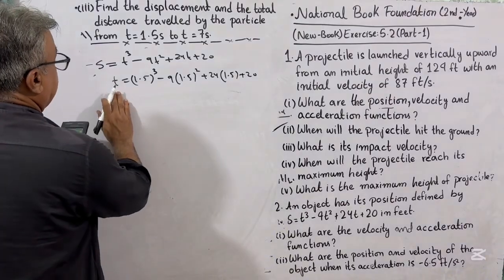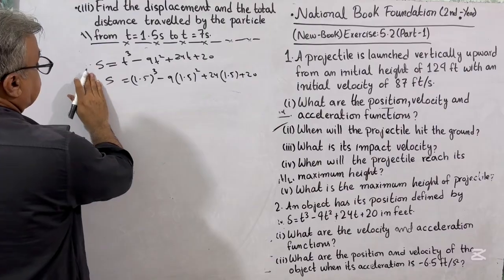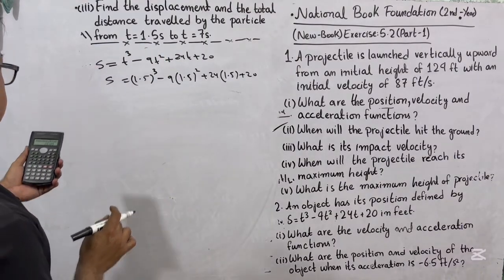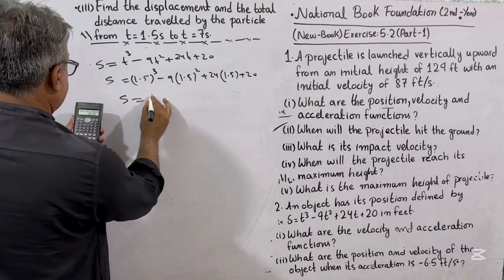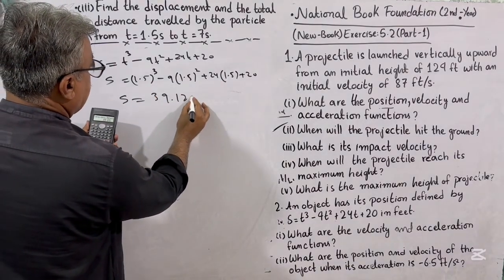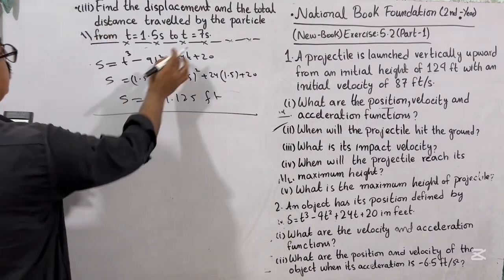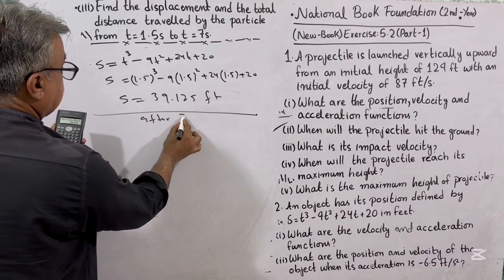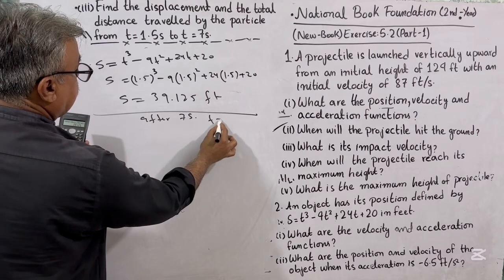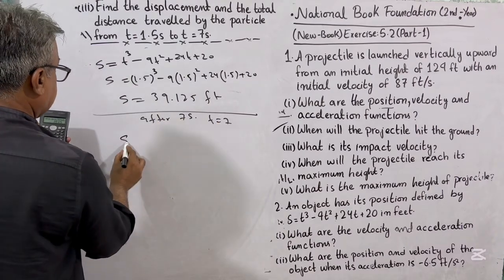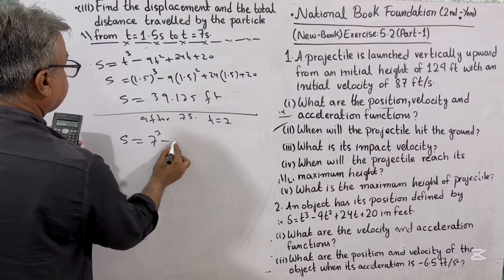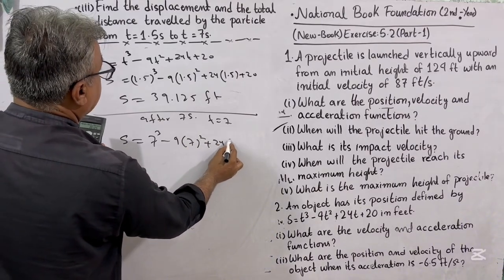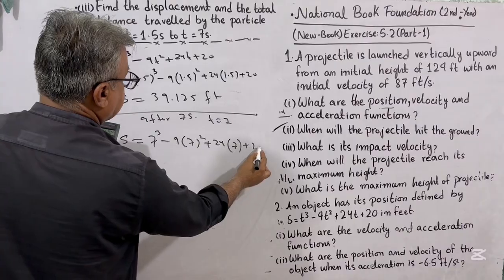The distance after 1.5 seconds is given by 39.125 feet. What about after 7 seconds? Put t is equal to 7, same equation: 7 cube minus 9 times 7 square plus 24 times 7 plus 20.